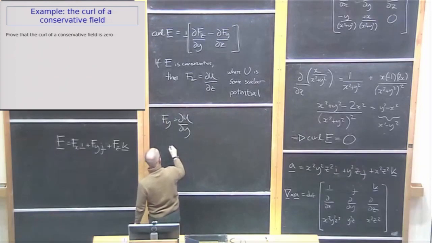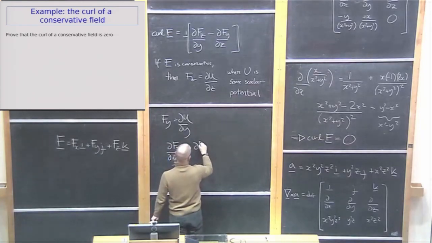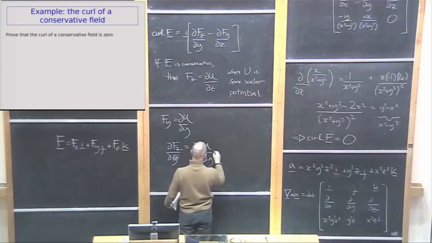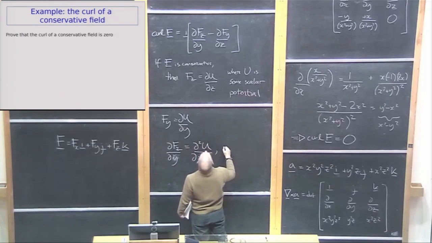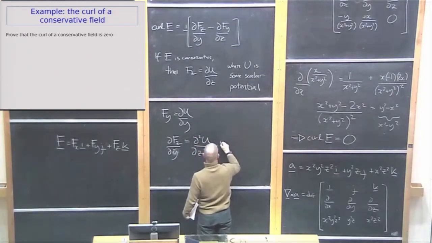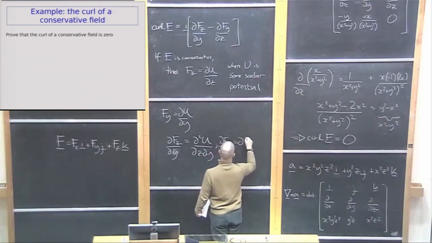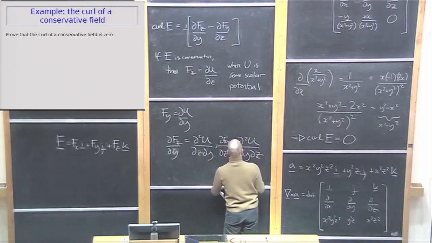Therefore, dfz by dy is actually d2u by dz dy, and dfy by dz is equal to d2u by dy dz.